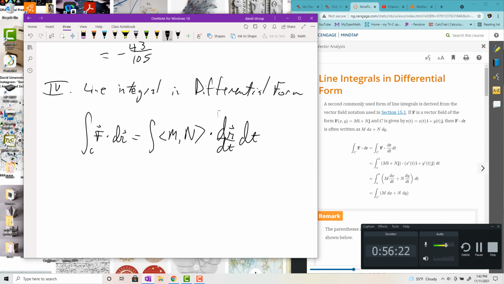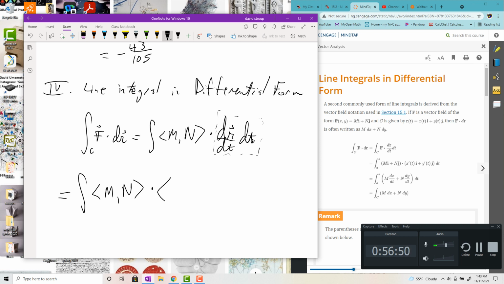Okay, so I'm going to kind of rewrite this part of it. So I have the integral of m comma n just dotted with, well, no, that's dt. Dotted with, how do I want to do this?